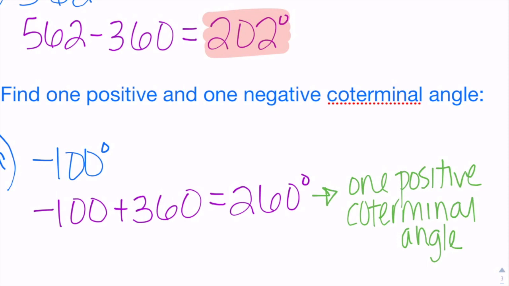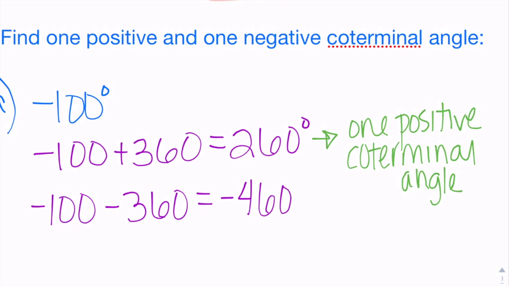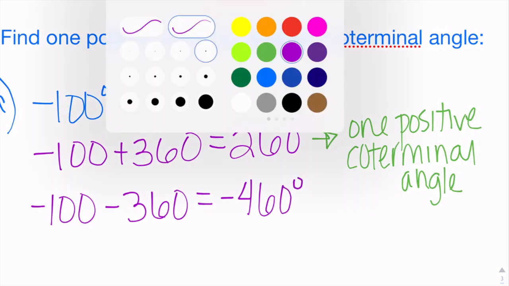And that's just one possible answer for a positive coterminal angle, because if you continue to add 360 to this, then you're going to get other positive coterminal angles. But since there's no point in adding 360 more than once here, why do that? So then we find our negative coterminal angle. We do negative 100 minus 360, and that is going to give me negative 460 degrees.